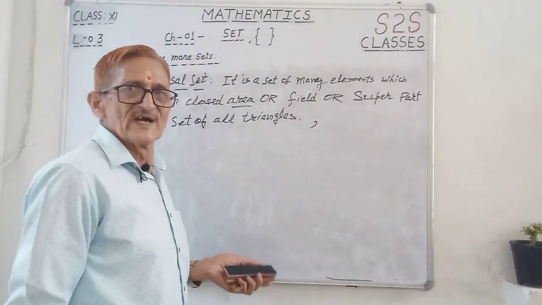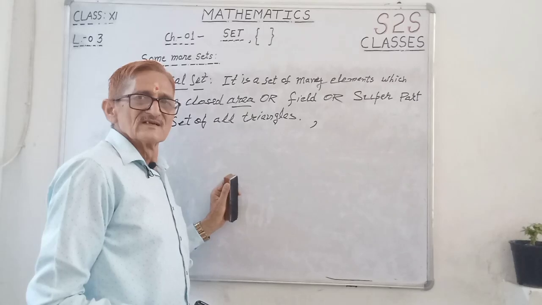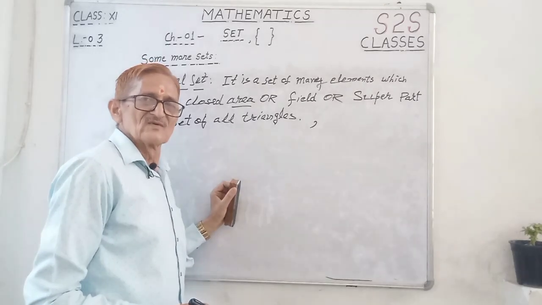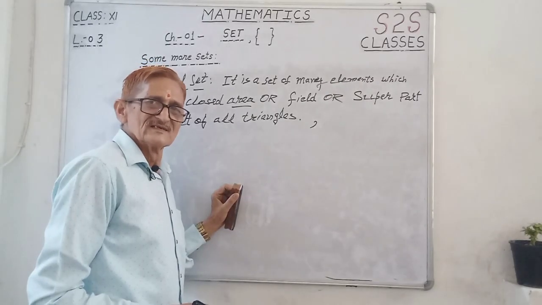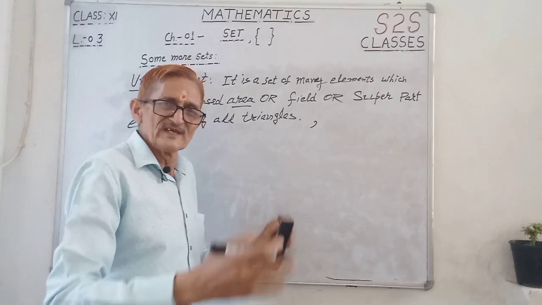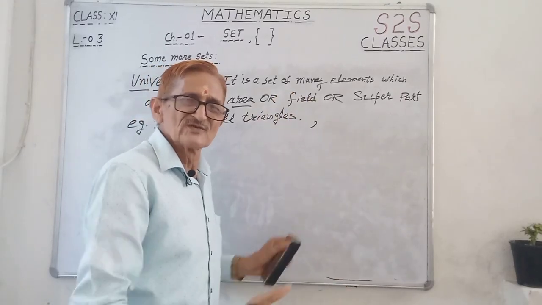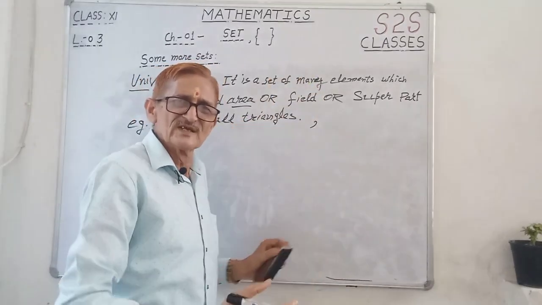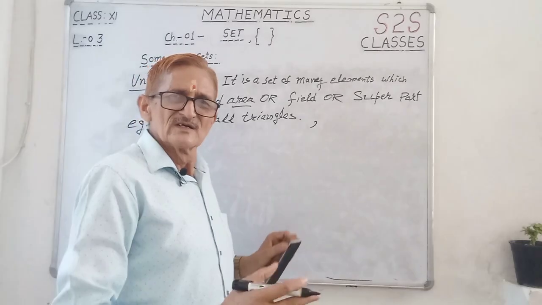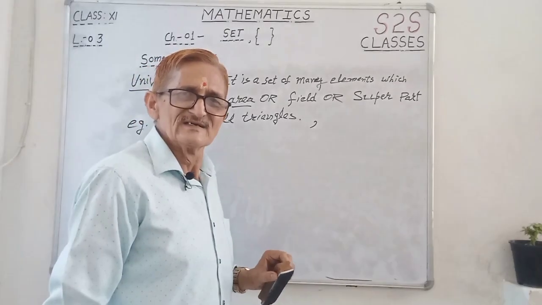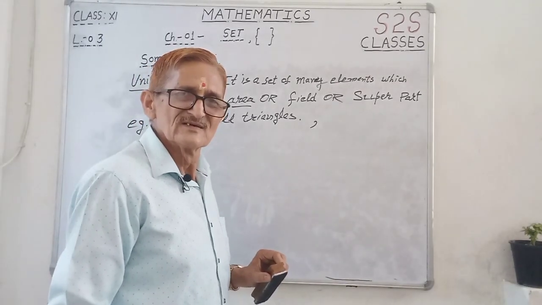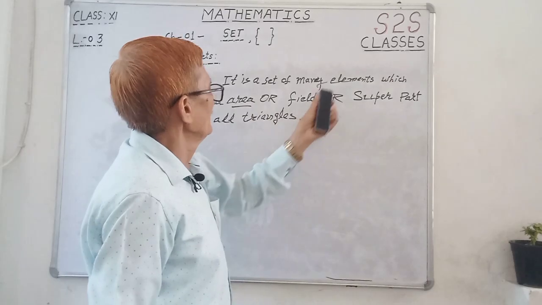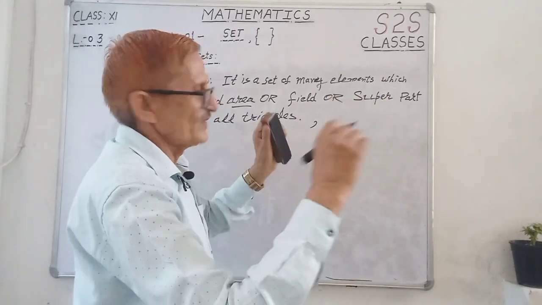Or example, many. Set of all quadrilateral. यानी वन एक फैमिली है, वो एक क्लोज्ड सिचुएशन है, एक क्लोज्ड थिंग्स है, क्लोज्ड अंडरस्टैंडिंग है, एक एरिया है, कोई फील्ड है, कोई सुपर पार्ट है.